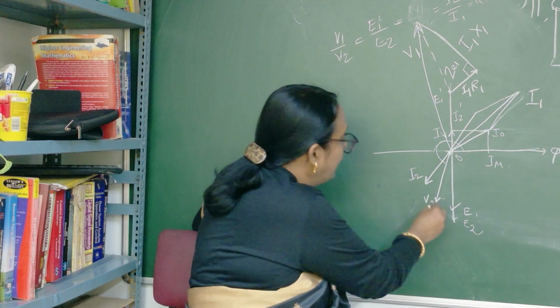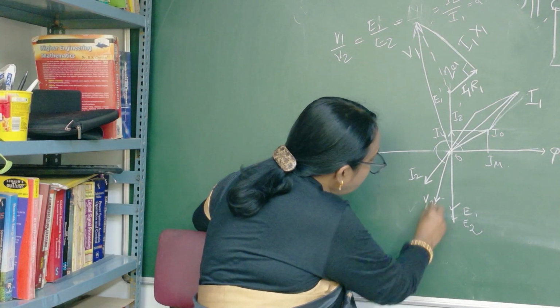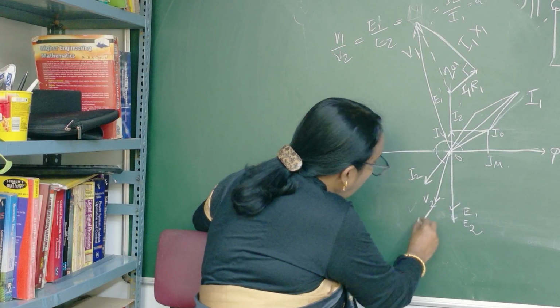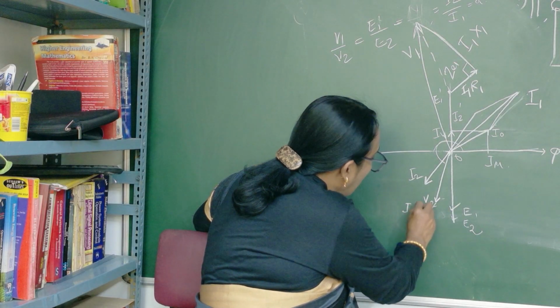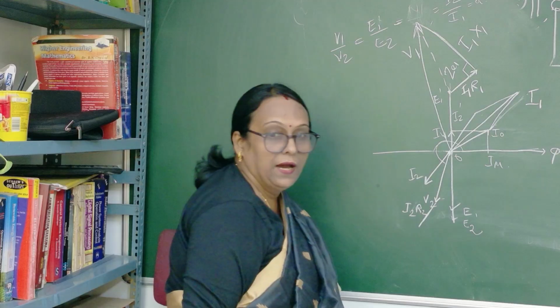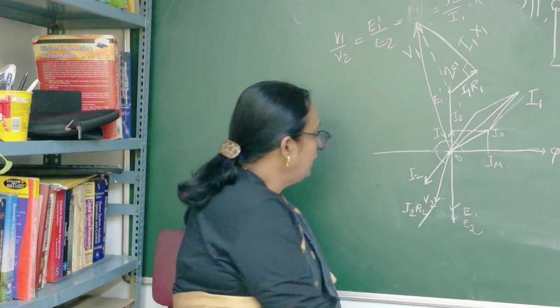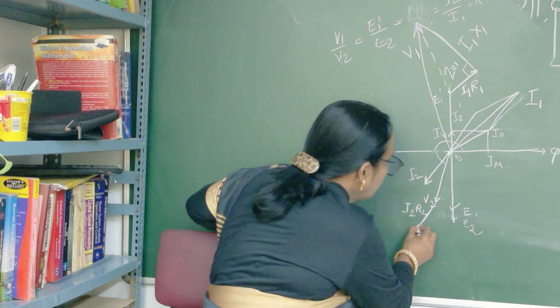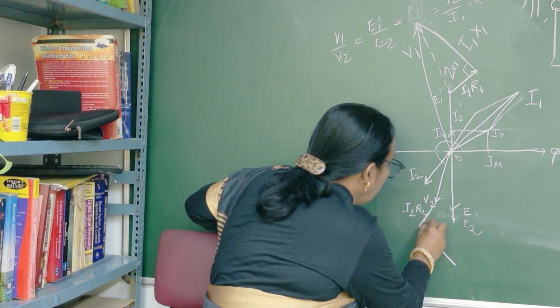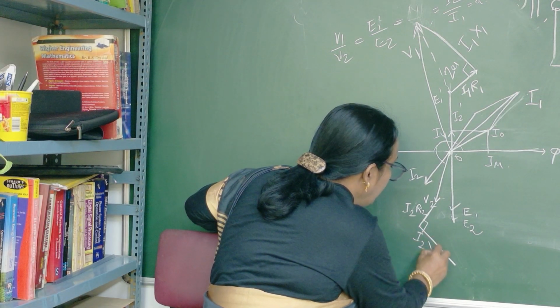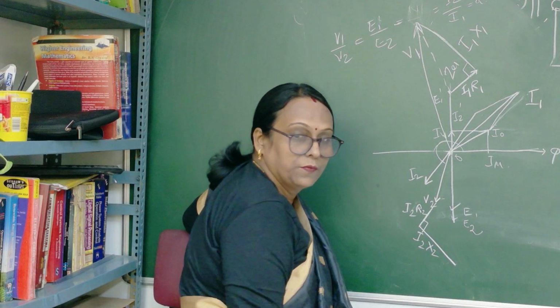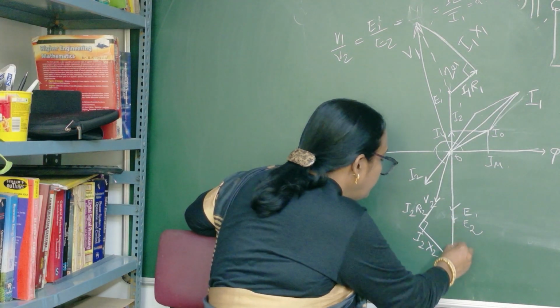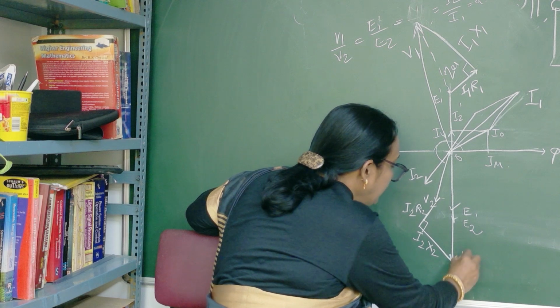This will be in phase with I2, so parallel to this I2, you draw I2 R2. Then you draw I2 X2. Then you connect. So this is your E2.